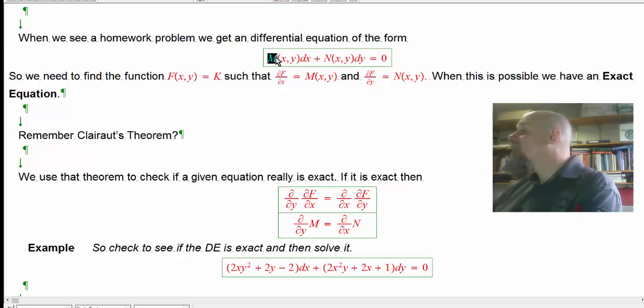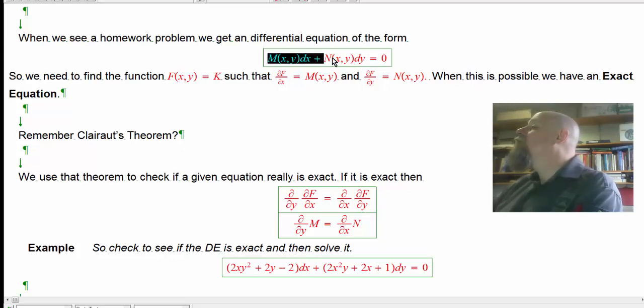So M is the unknown function f differentiated with respect to x. The N is the unknown function f differentiated with respect to y. I know that the M has been differentiated with respect to x because it's got a dx stuck on it. I know the N has been differentiated with respect to y because it has a dy stuck on it.